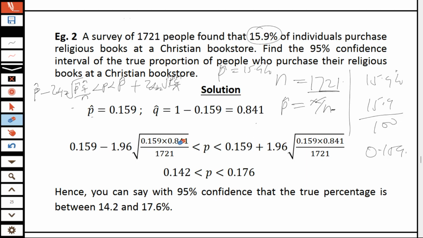Once you do the subtraction and addition correctly, you get 0.142 and 0.176. So hence, you can say with 95% confidence that the true percentage is between 14.2 and 17.61%. So this is the end of confidence interval for proportion.